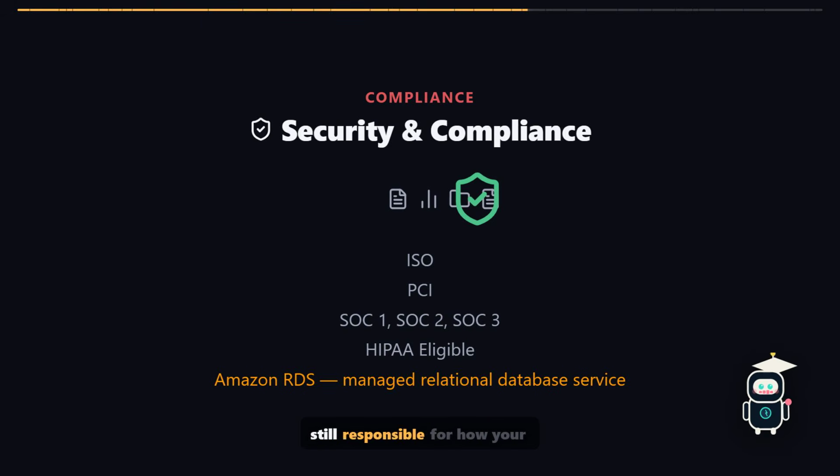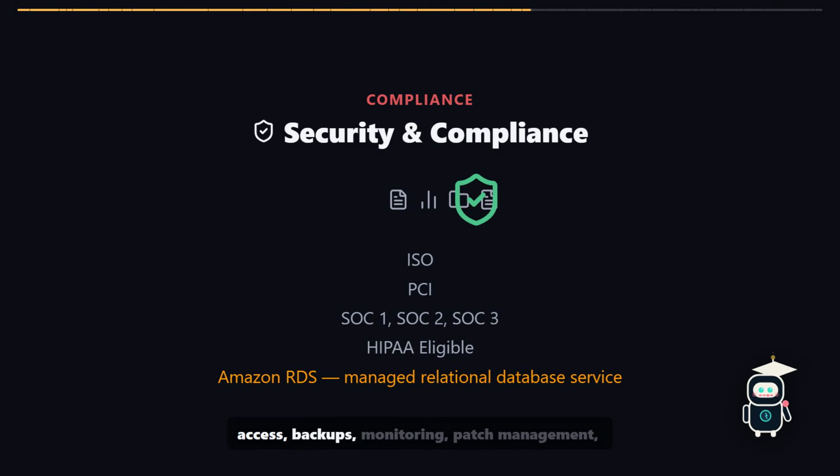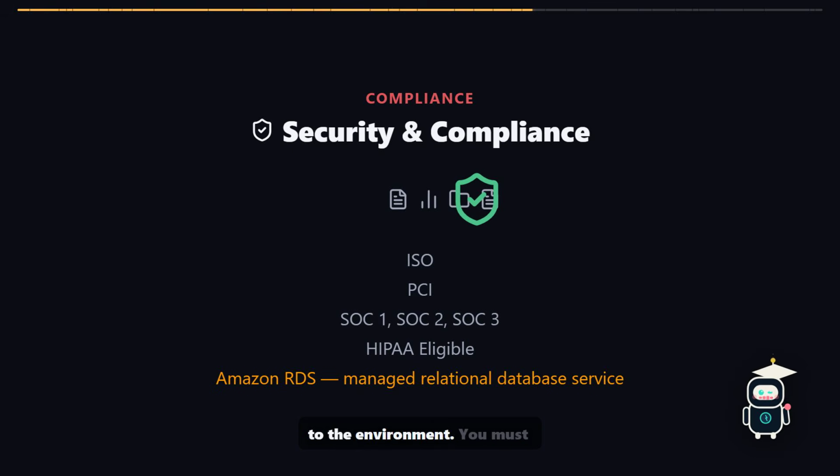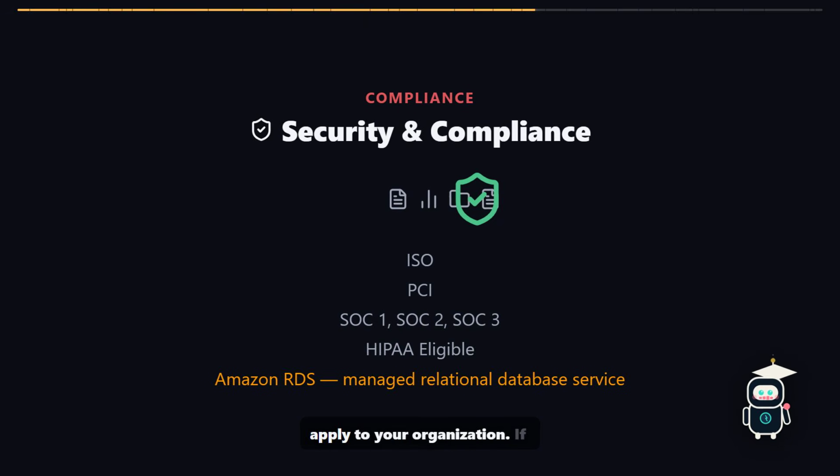You are still responsible for how your application handles data, how you configure IAM, encryption, logging, network access, backups, monitoring, patch management, and the AWS services connected to the environment. You must also meet the laws, contractual requirements, and internal controls that apply to your organization.